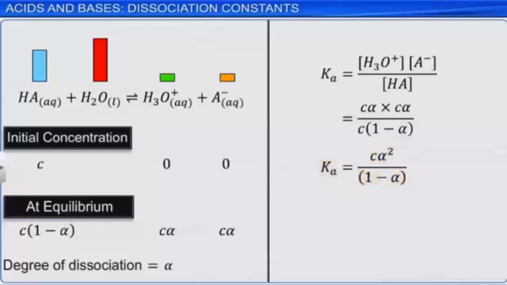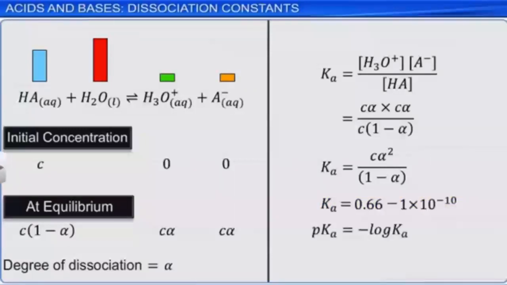The values of Ka range from 0.66 to as low as 1 × 10^-10 and even smaller. Hence, to accommodate such a wide range of values, the logarithmic scale is used. It is expressed as pKa equals negative log of Ka.